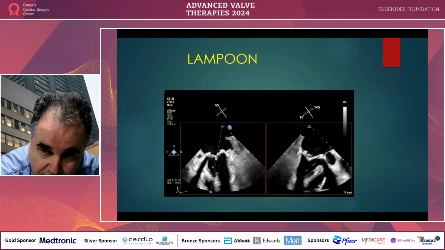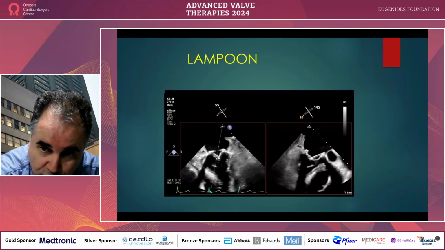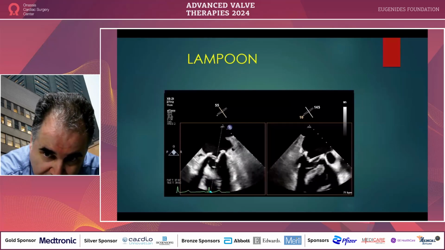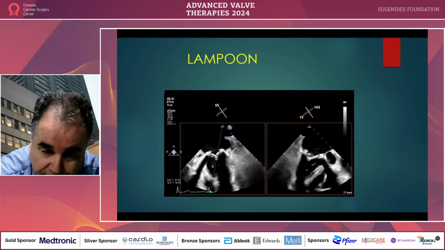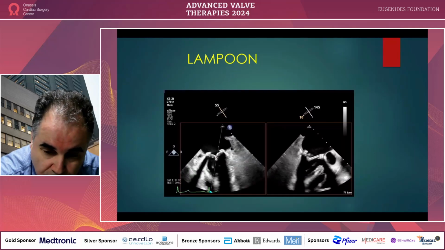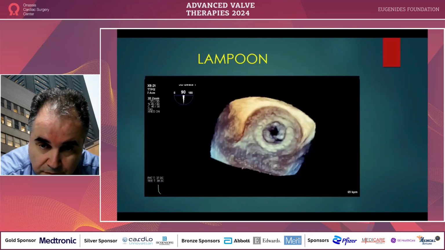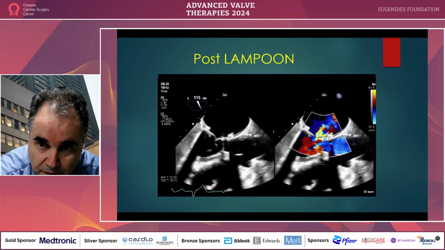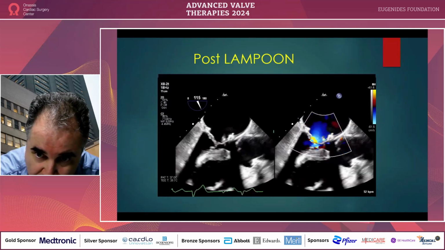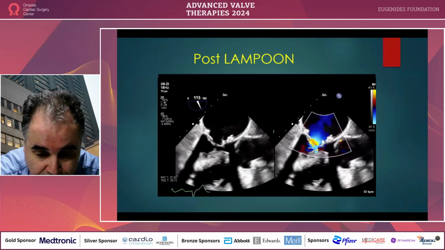This is transesophageal echo to see the catheter going through the anterior leaflet of the prosthesis. And you can see here the laceration with the color Doppler of the leaflet.